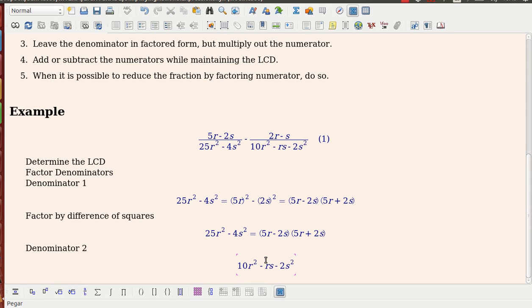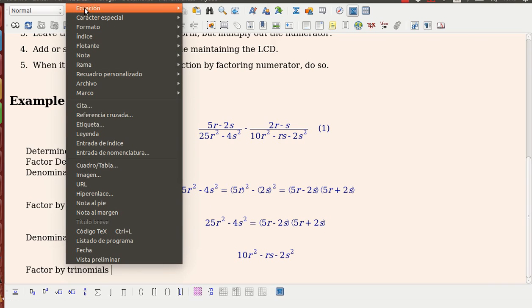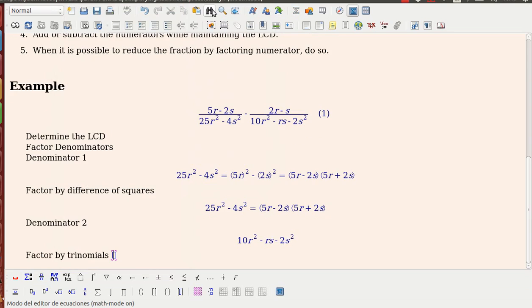So we can factor denominator 2 as a trinomial, ax squared plus bx plus c.